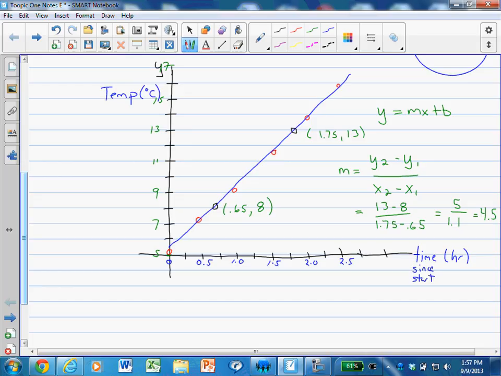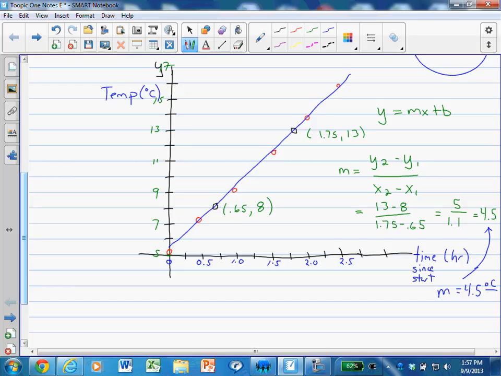Now, 4.5 in itself, what does that tell us? Nothing. But let's give it some units. It was change in y over change in x, right? What is the y unit? Temperature, degrees Celsius, right? So m equals 4.5 degrees Celsius over change in x, and then what was x?